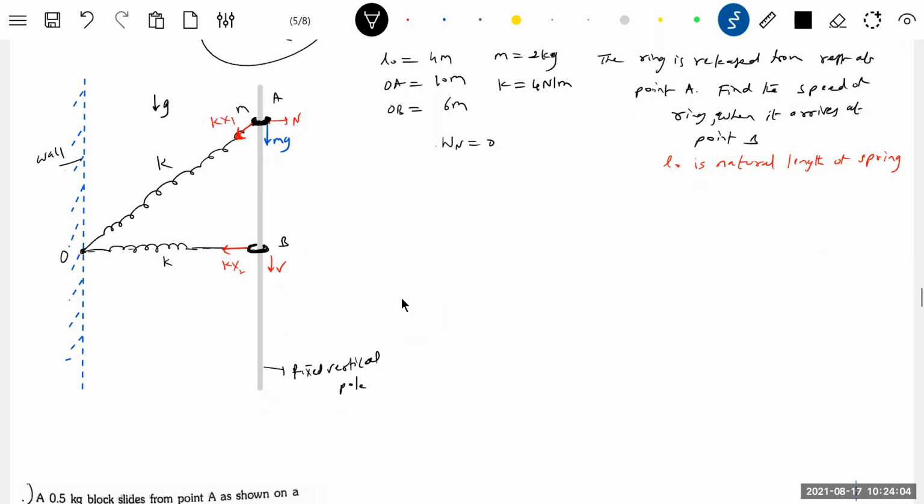For your understanding, these are the forces that are acting here. Kx. This is theta. So what is the acceleration? Just as a student, if we think like this, what are x and theta?